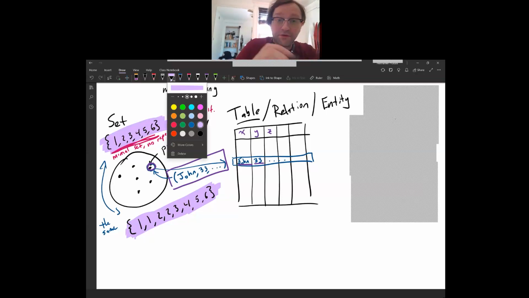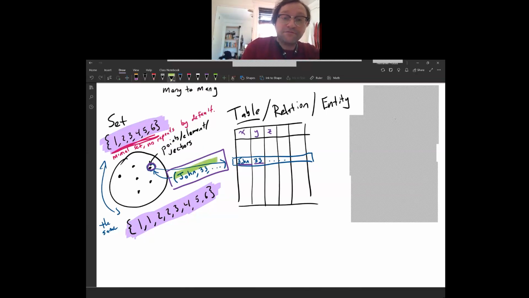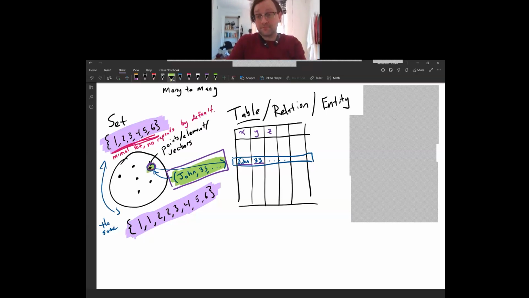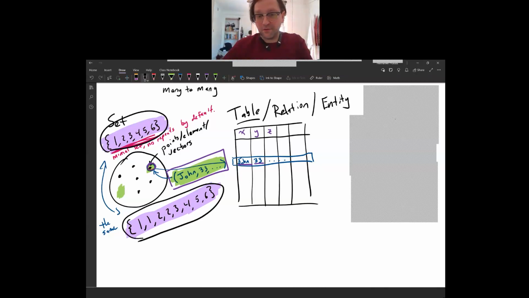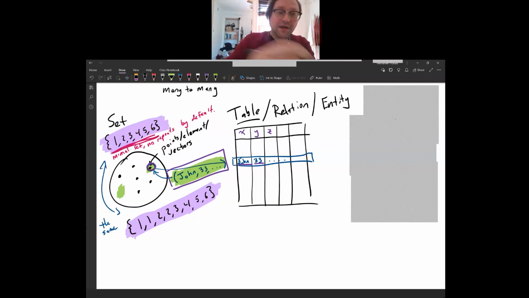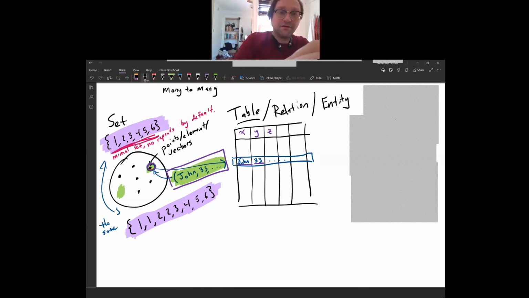So my question for you is, I've defined a different kind of point. What would a repeat of that point look like inside of this set? In the same way that starting here, I was able to make a set with repeated elements, how would I do that with this one?